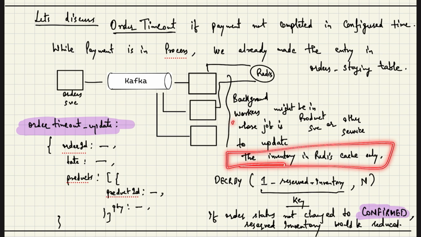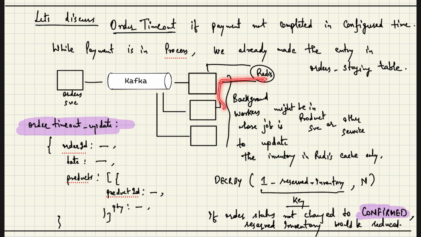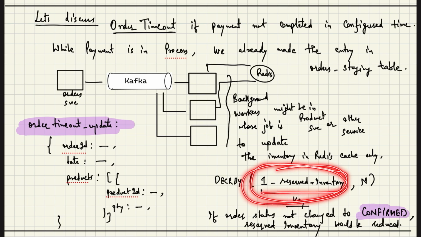Now these background workers could be in the product service or could be part of a separate service. They can directly update Redis with a very simple operation, for example the decrement by operation, on the particular key which we have already discussed, product ID with reserved inventory, decrement by n.